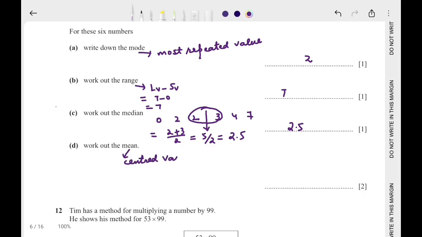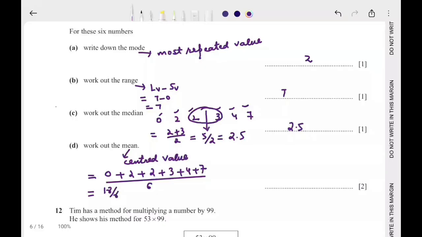For that purpose we have to add all numbers: 0 plus 2 plus 2 plus 3 plus 4 plus 7, and divide by the total number of numbers. 6 numbers are there. 2 plus 2 is 4, 4 plus 3 is 7, 7 plus 4 is 11, 11 plus 7 is 18. 18 divided by 6 is equal to 3. This is the answer.